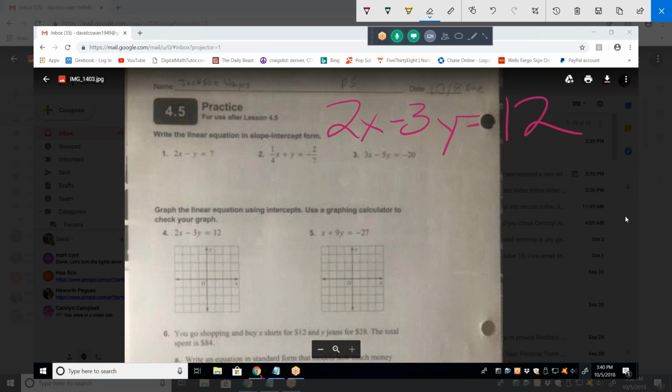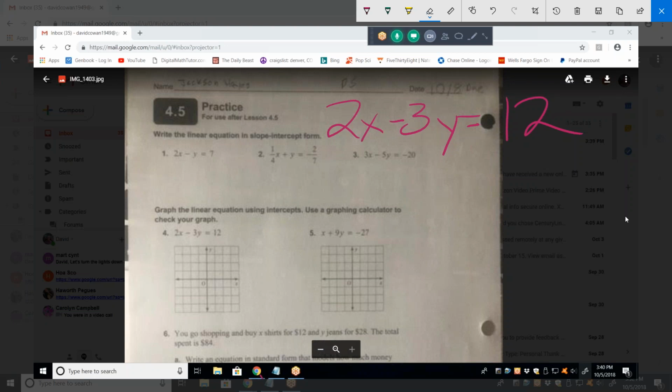Okay? So, we're not going to solve these the same way. These first 3 problems we solved for y because we were trying to put it into slope-intercept form. Well, that's not what they're doing here. Now, there's a very important concept in math you have to memorize. X-intercepts come when y equals 0.